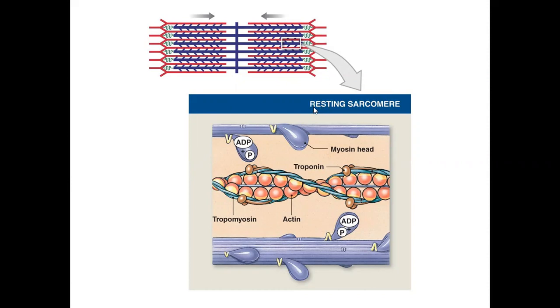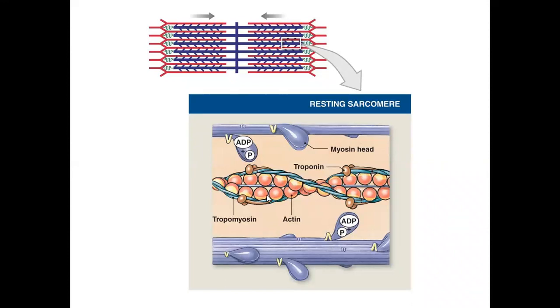It is representing what you call a resting sarcomere, where the myosin heads cannot bind to the actin. Why? Because tropomyosin has covered the active sites. Myosin heads cannot bind to the actin filament.